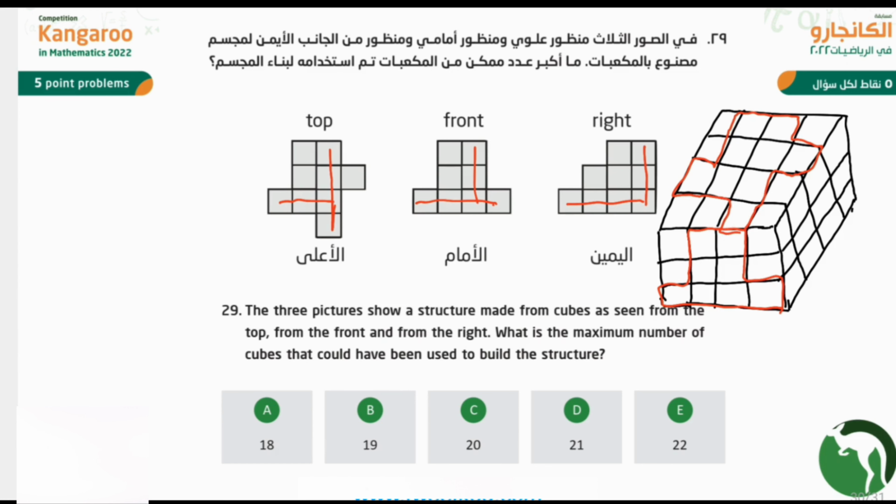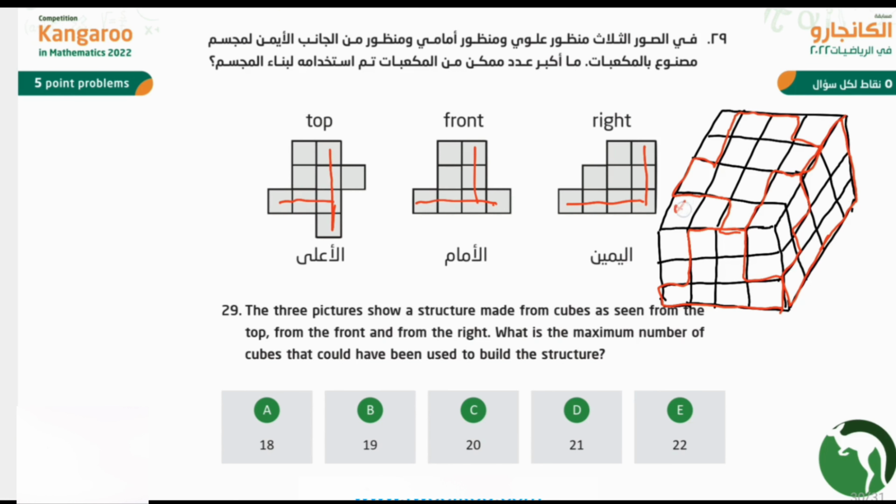So this is the top face. Now let's draw the right face. So we have this here, like that.